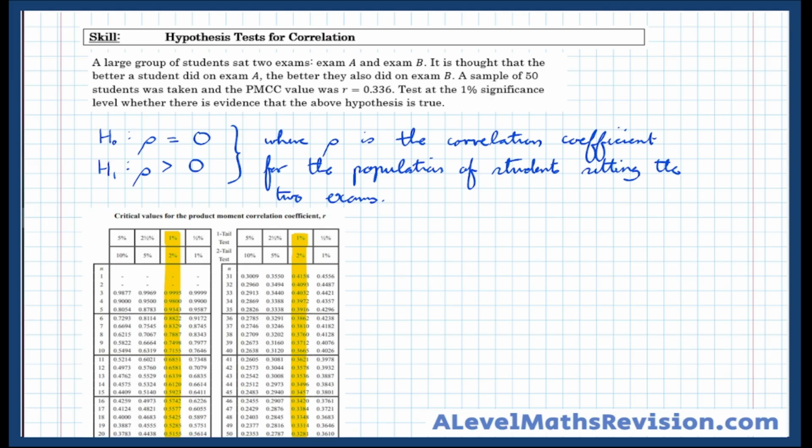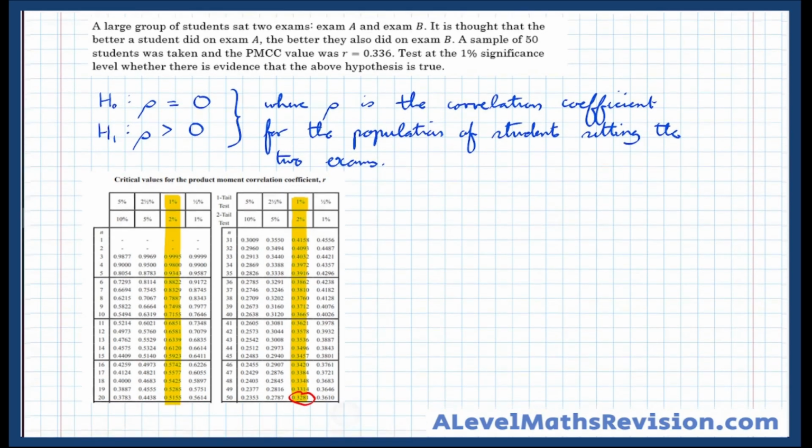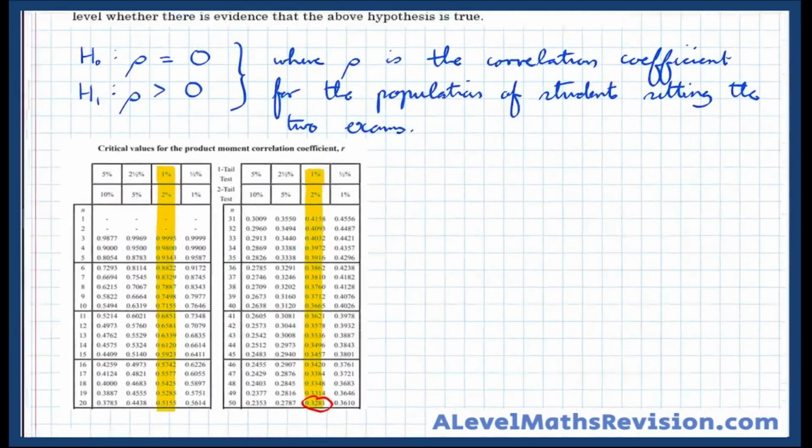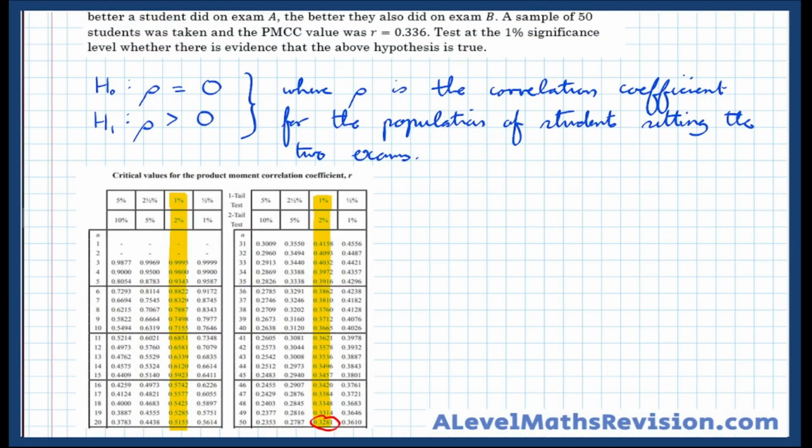Now we need to look for n equals 50 because our sample size was 50, telling us that this here, 0.3281, is the relevant critical value. So what we're going to do is conclude that 0.336 is bigger than our critical value.